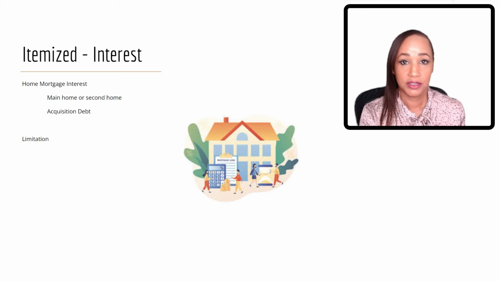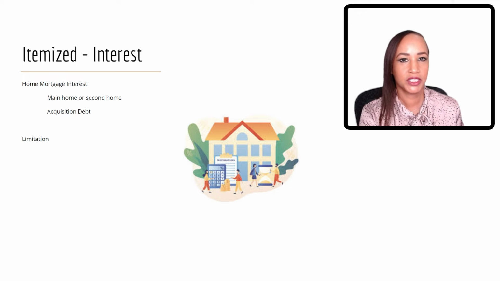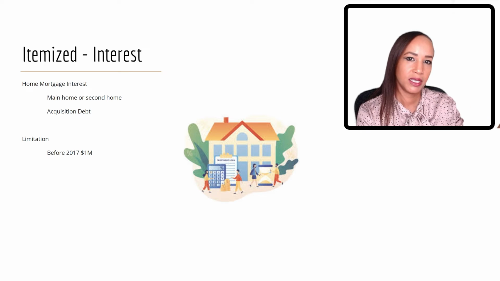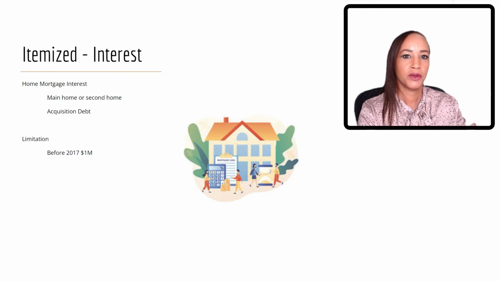The limitation on the home mortgage interest deduction is going to be, before 2017, $1 million. So your mortgage debt of $1 million, interest paid on mortgage debt up to $1 million before 2017 is going to be deductible.